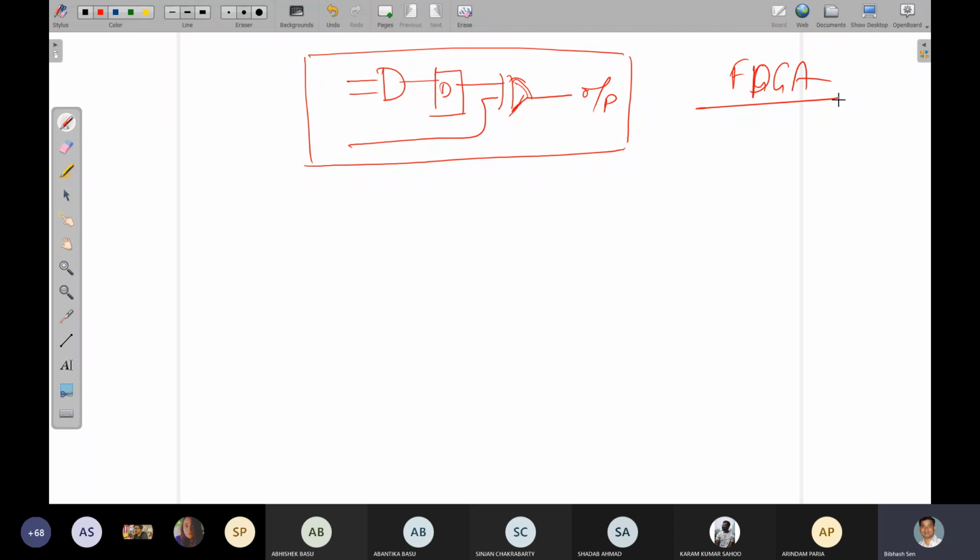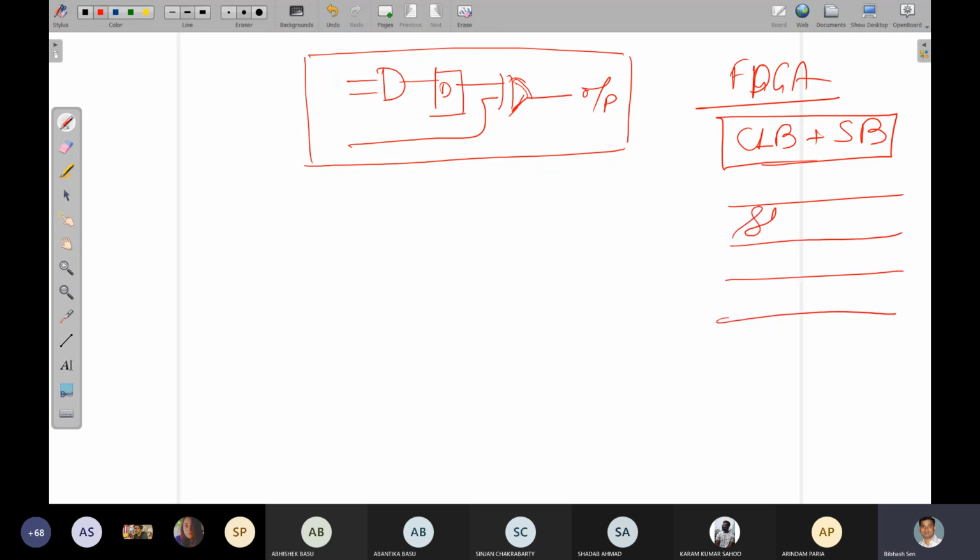Also, our target is this: I know the FPGA is nothing but CLBs and switch boxes. That's a combination, and different combinations of CLBs and switch boxes produce the slices.